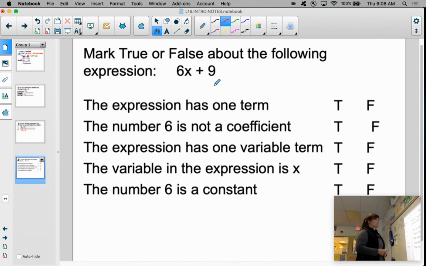And I want you to take a moment and read through these statements and decide whether they're true and false. If you are in your packet, you can just jot down true, false, whatever you're thinking on the side somewhere, and then double check. If you are on your Pear Deck, you can just circle or highlight. So I'll give you a minute or two, pause the video, and resume when you're ready to check your answers.